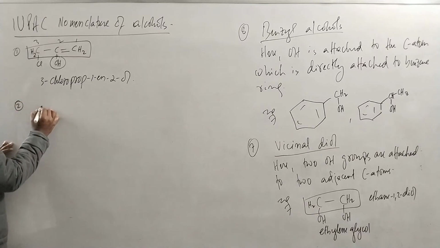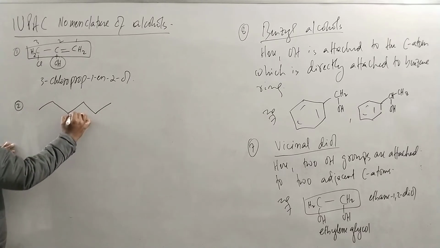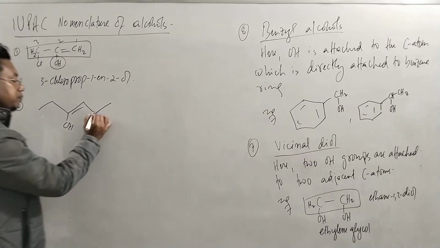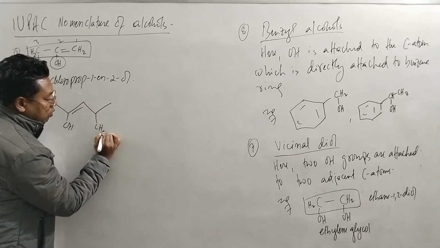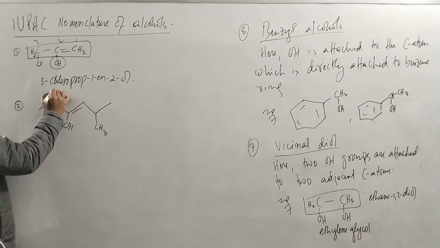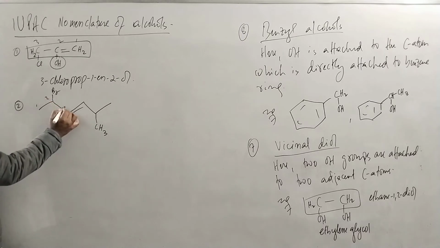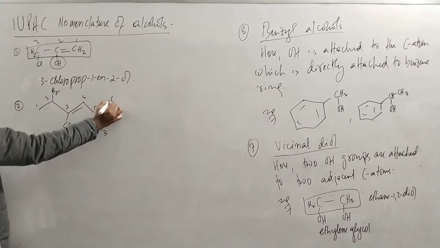Okay, let us take another example of alcohol. This is an alcohol. I am attaching methyl here, and here I am attaching Br. Okay. So name this compound. Numbering must be started from left side. Okay. 1, 2, 3, 4, 5, 6.